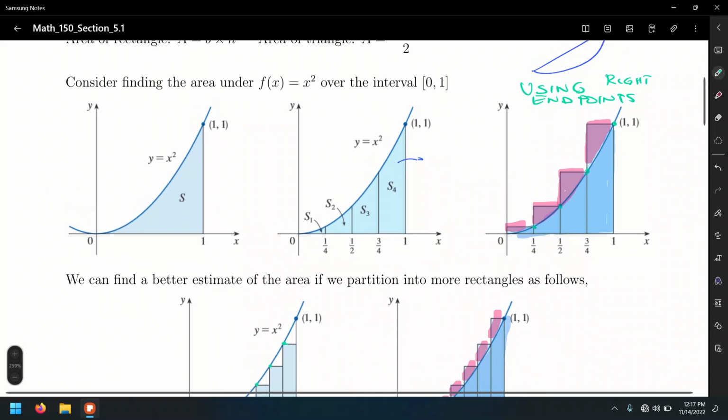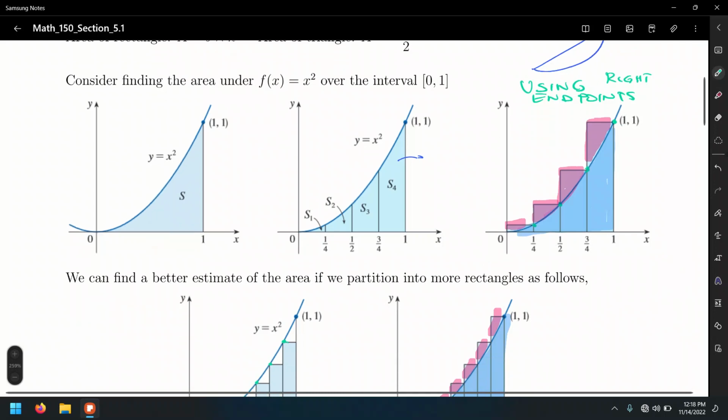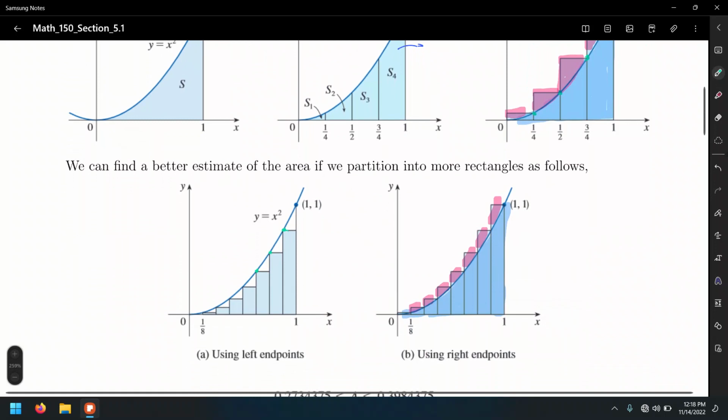Yeah. No, and the reason why it's confusing, and I always got this confusion when I took the class, is that when I'm seeing the area going outside of the curve towards the left, that's what makes it confusing. But really, we're using the rightmost endpoint. So in this case, using left endpoints, this is the left endpoint, left endpoint, left endpoint.